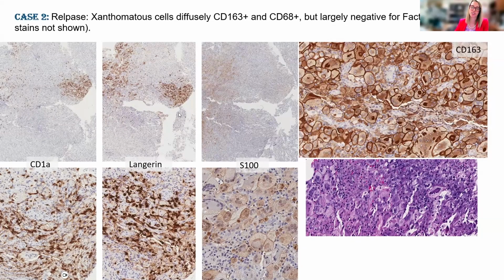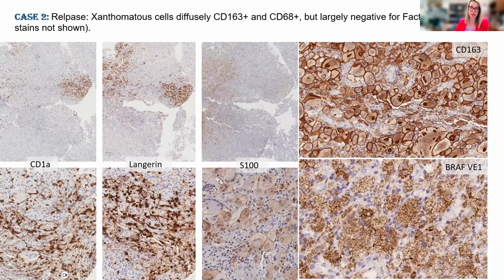Another interesting aspect is that while factor 13A was largely negative, the CD163 was diffusely positive with the typical surface staining, but it also had this more Golgi accentuation that we sometimes see more often with CD68, showing a sort of dendritic cell pattern with this paranuclear Golgi type staining. So that was an interesting additional feature in this case.